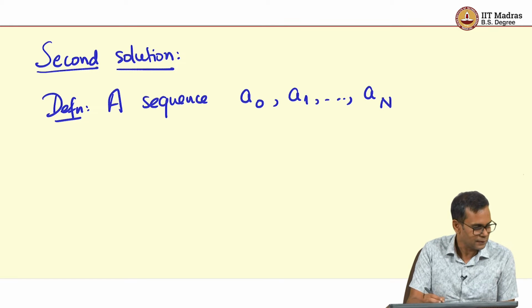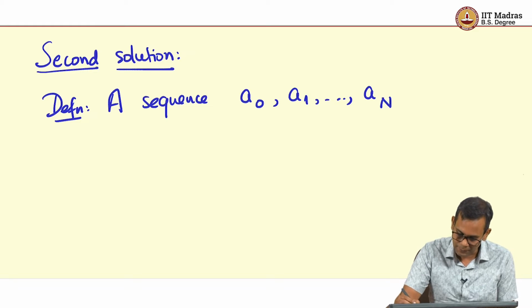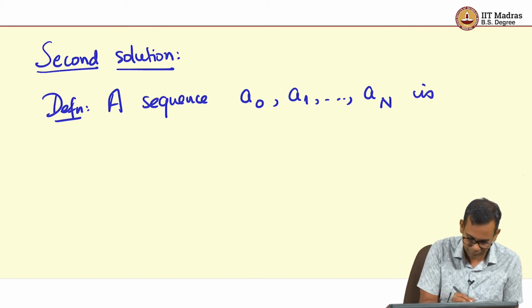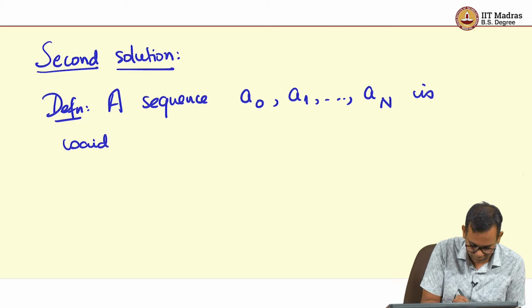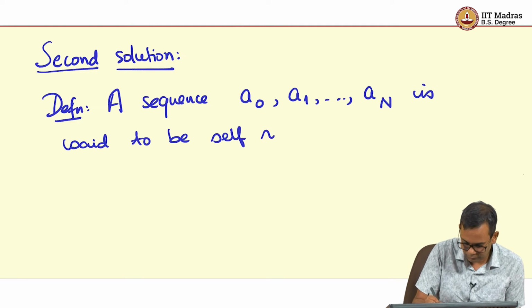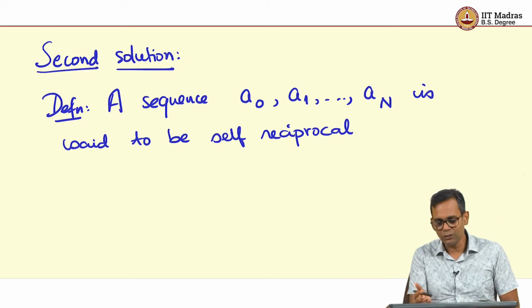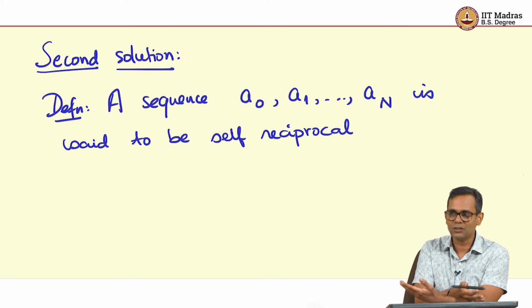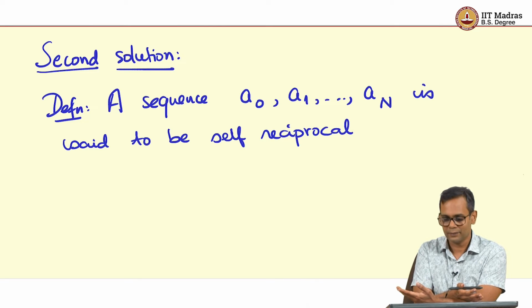So, a sequence is said to be self-reciprocal if when you write the sequence in reverse order, you get it back, right.